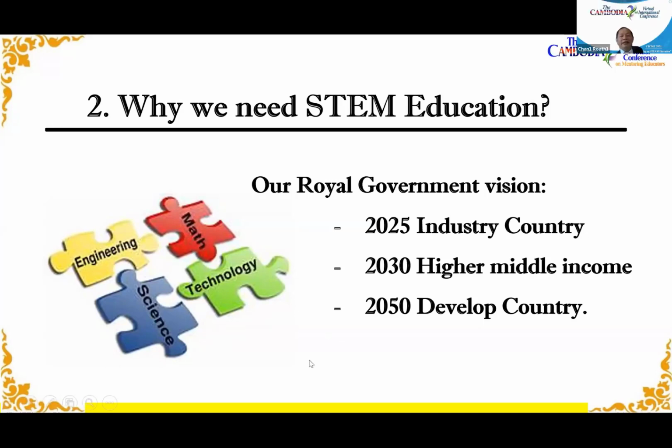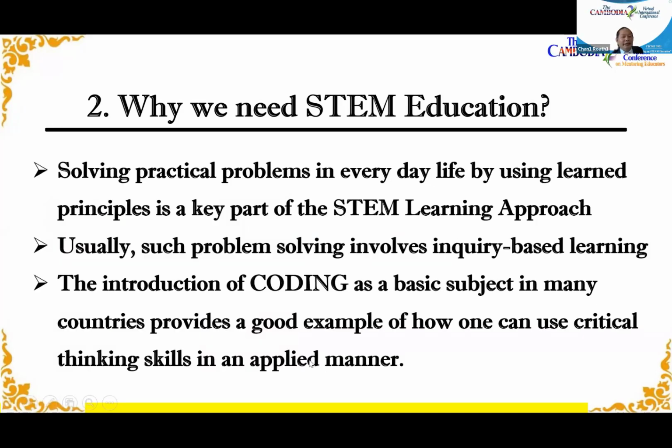This is our Royal Government's vision, and STEM education will solve practical problems in everyday life by using learned principles, which is a key part of the STEM learning approach.